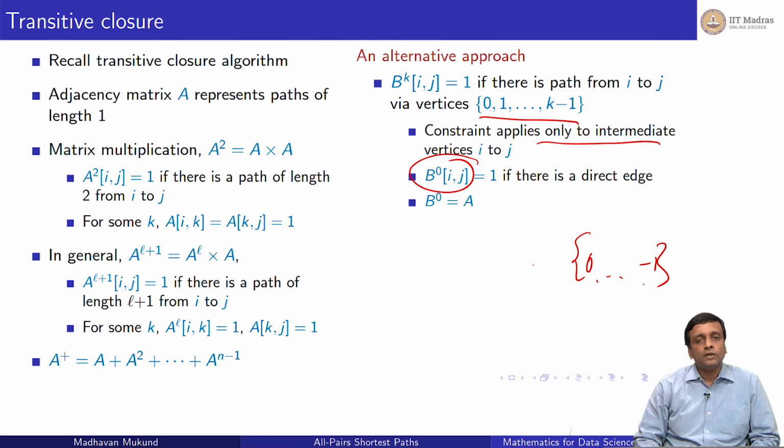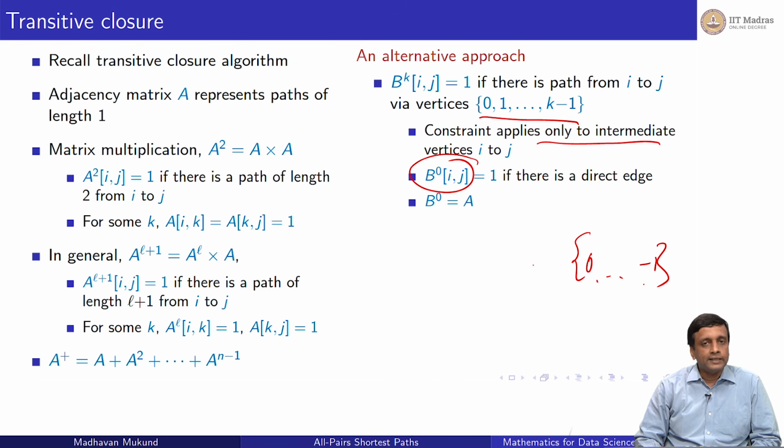Therefore B0 ij basically says that I cannot have any intermediate vertex, because no intermediate vertex can satisfy this constraint that its index is minus 1 or smaller. So B0 of ij precisely captures the fact that I can go from i to j without visiting an intermediate vertex, meaning there is an edge from i to j. So B0 is just my adjacency matrix A.